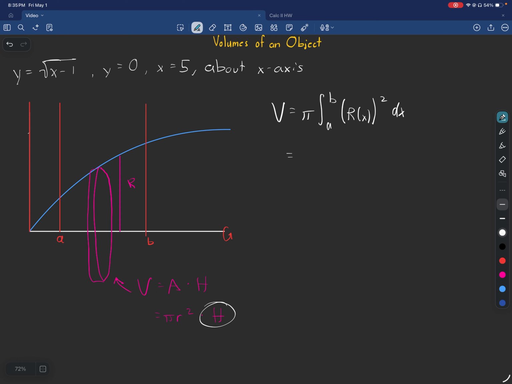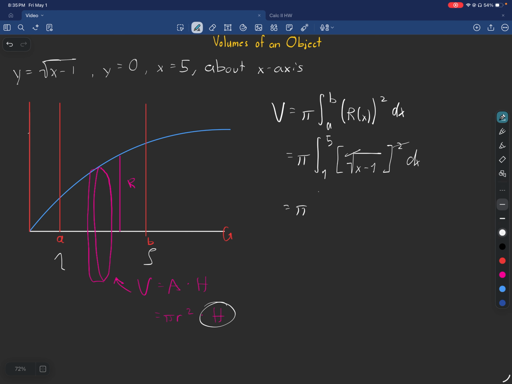Applying that, we know pi times the integral from our bounds, which we found was 1 to 5, with our function square root of x minus 1, all squared, with dx. And then the square and square root cancel out.